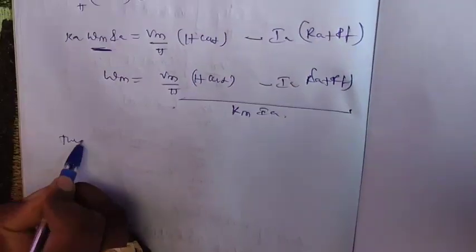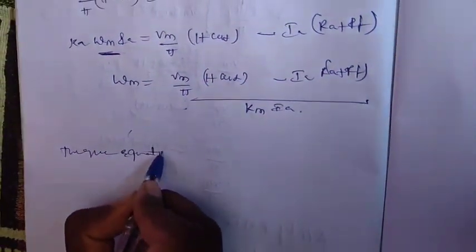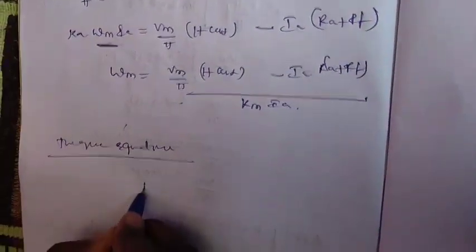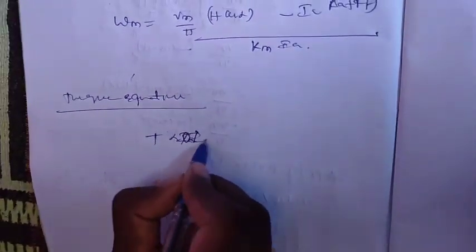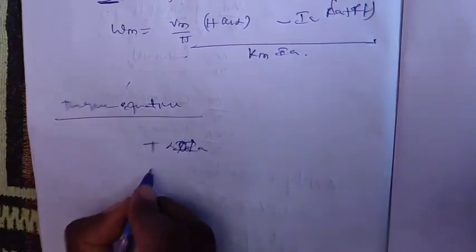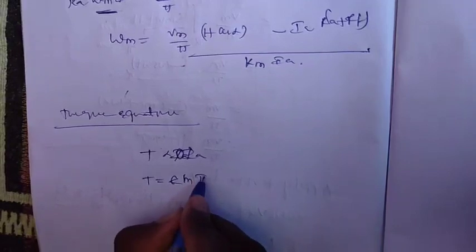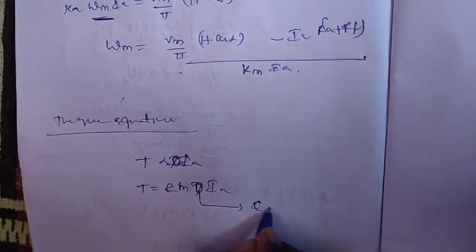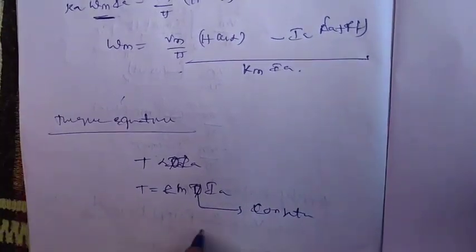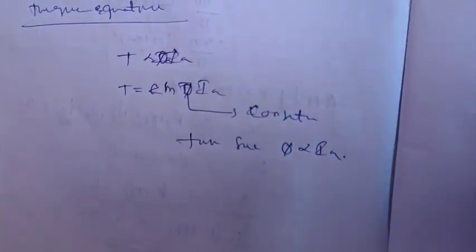Now the torque equation. We know torque is directly proportional to phi Ia. We can replace the constant, that is Km into phi into Ia. For separately excited, phi is constant. For series, phi is directly proportional to Ia.